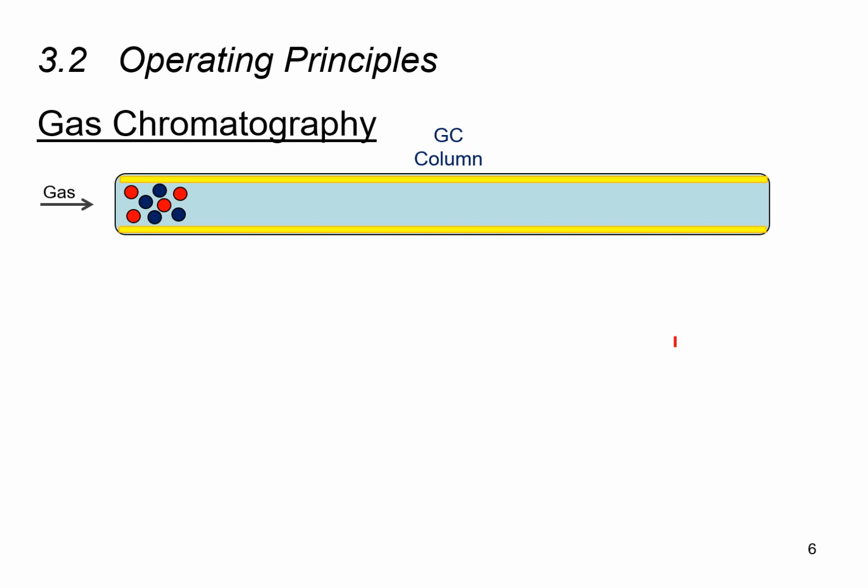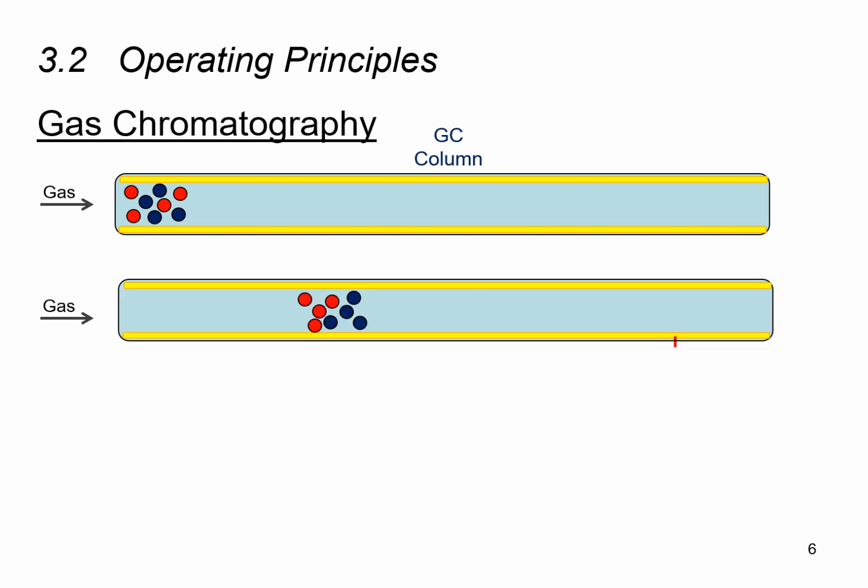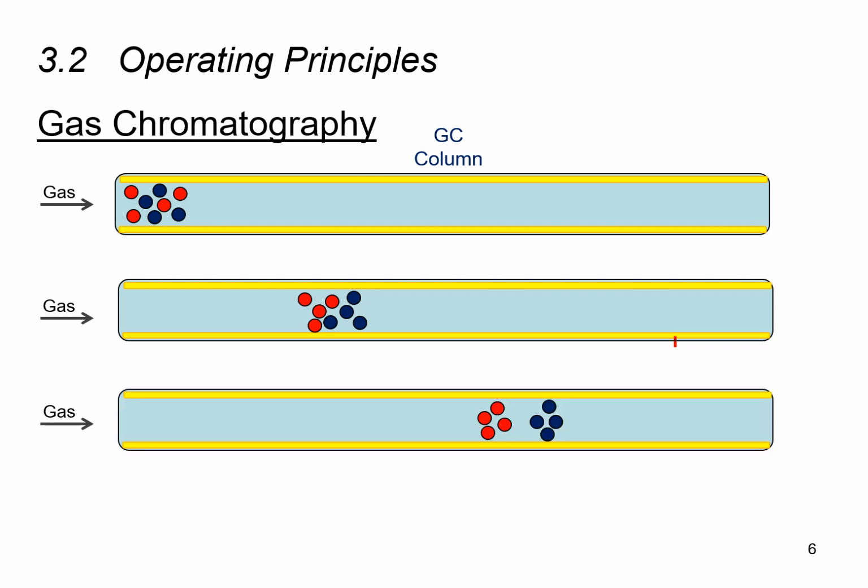Now, I'll demonstrate this using a picture. Sometimes it helps and it's easier to understand. So as we look at this picture, on the top icon, we see a sample mixture that contains blue gaseous molecules and red gaseous molecules, and you'll see the yellow coating that's on the inside of the GC column that represents the stationary phase that the gaseous molecules are going to interact with.